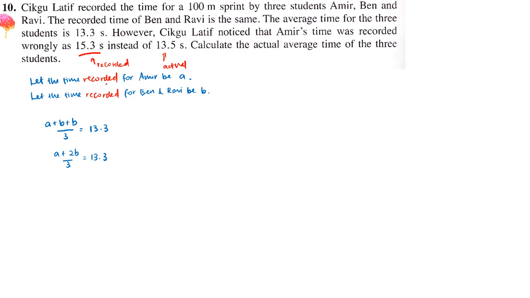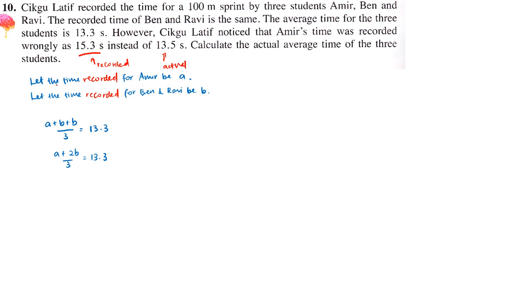In this case, let the time recorded for Amir be A, and let the time recorded for Ben and Ravi be B. Usually I would write let the recorded time for Amir and Ben and Ravi be A and B respectively, but because there are three, I just split it up so it's easier to see. Otherwise, with A and B, I wouldn't know whether B refers to Ben or Ravi or Amir or Ben and Amir.